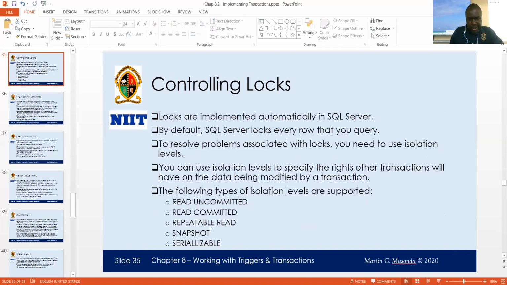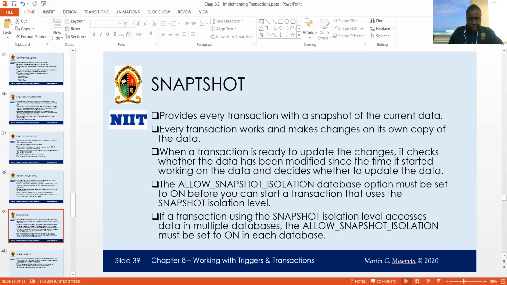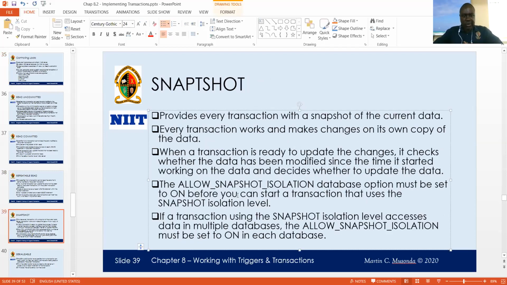Now we are on snapshot. Snapshot provides every transaction with a snapshot of the current data. Every transaction works and makes changes on its own copy of the data.